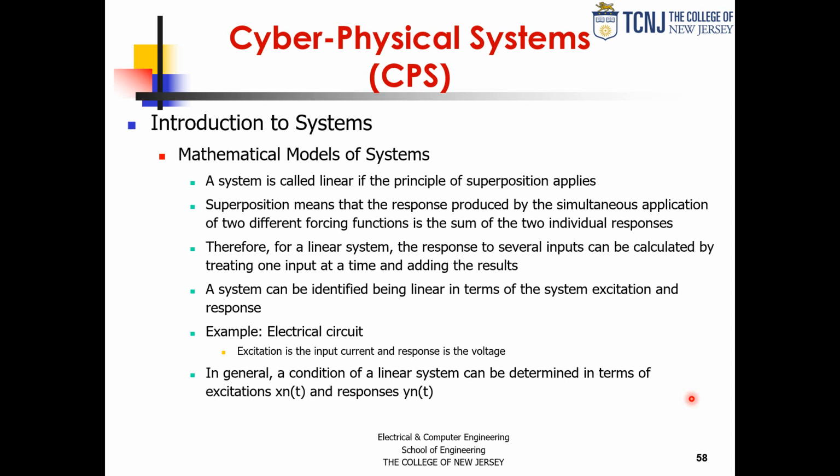We have to have superposition if a system is said to be linear, and what that simply means is that if I apply an input x1 to a system and I get an output y1, and then I apply another input x2 and I get an output y2, and then apply a third input which is simply the sum of x1 and x2, the combination of those two inputs, then I better get an output that is the sum of the previous y1 and y2 that I got.